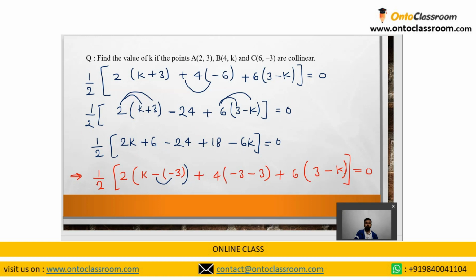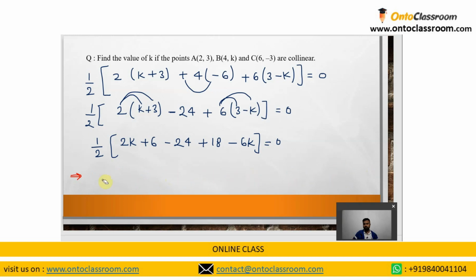Now, 2k minus 6k, positive and negative make negative, minus 4k.